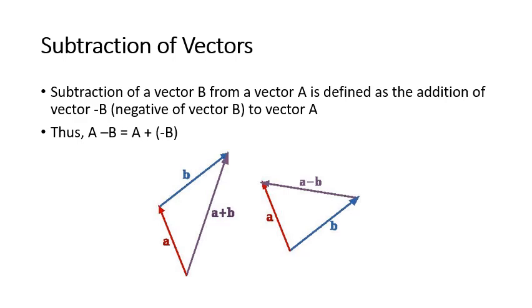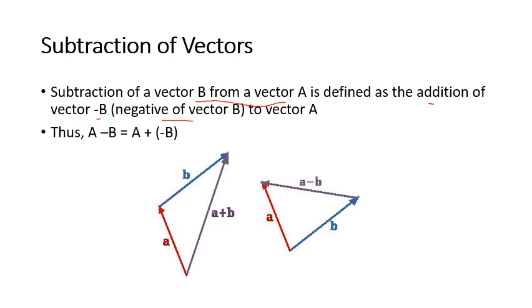So what is subtraction? Subtraction of a vector b. Look at the first point. Subtraction of vector b from vector a is defined as the addition of vector minus b, that is the negative of vector b, to vector a.